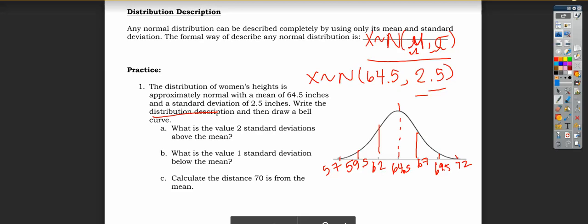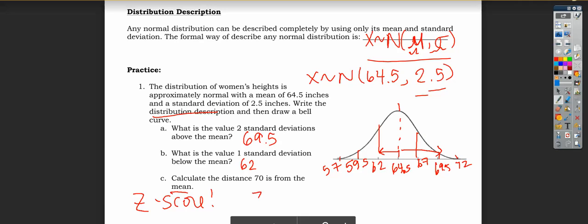So now I'm going to answer these questions. What is the value 2 standard deviations above the mean? That would be 69.5 because I just want 1, 2. What is 1 standard deviation below the mean? That's 62. And it says calculate the distance 70 is from the mean. So when it says I want to find how far something is from the mean, that means z-score.